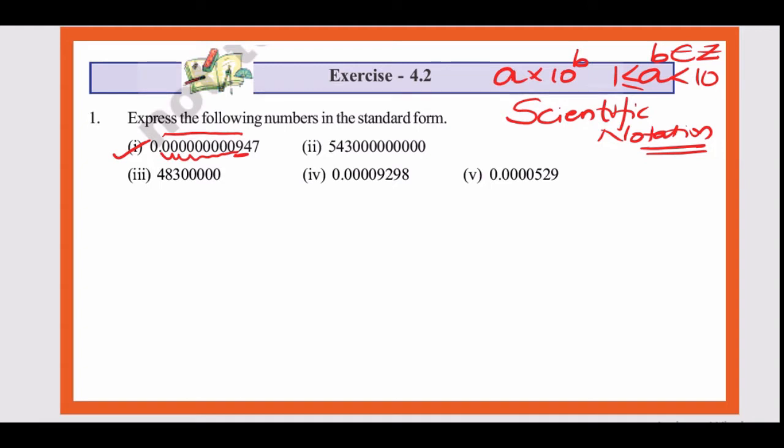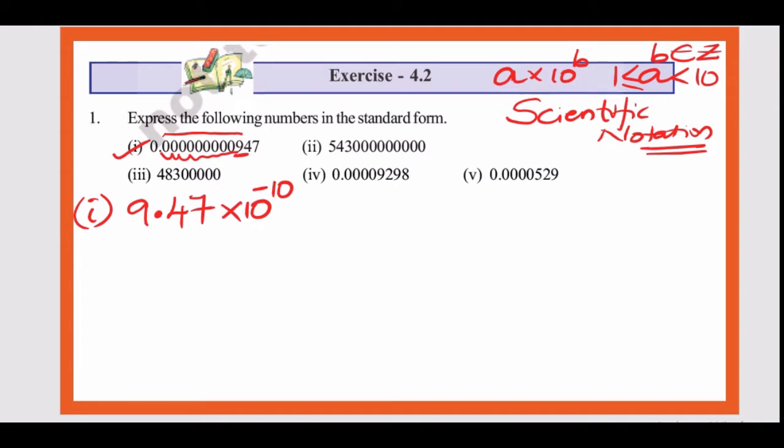Whenever you need to reach that first non-zero digit, I need to cover 10 places. So from that I can write this as 9.47 into 10 power, and since this contains a decimal point, I am going to get 10 power minus 10.